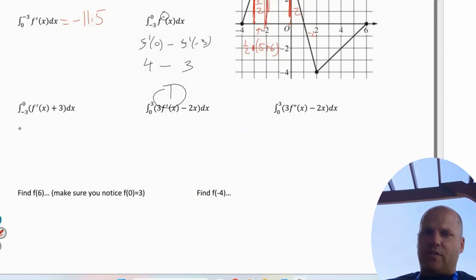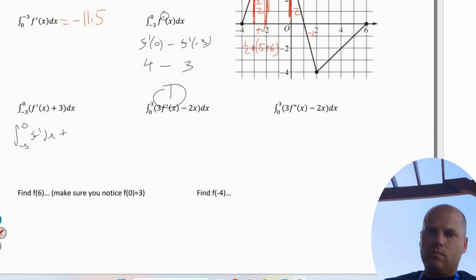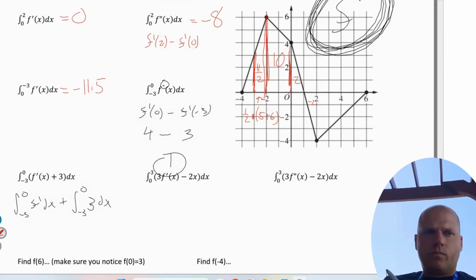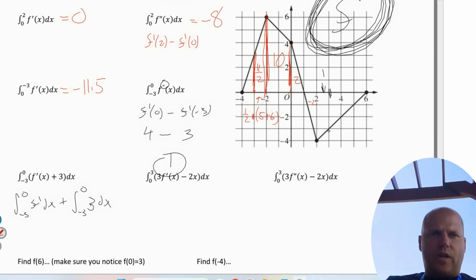Okay, this is in the right direction. I'm going to split it up. Trapezoid. Base 1, heights of negative 4 and negative 3.